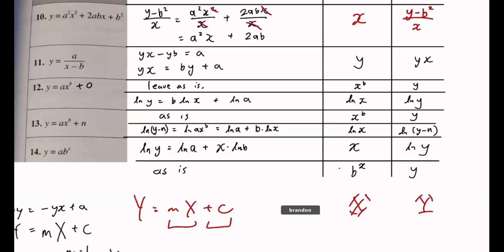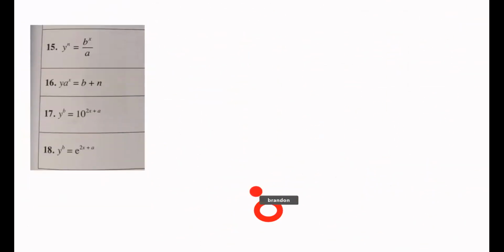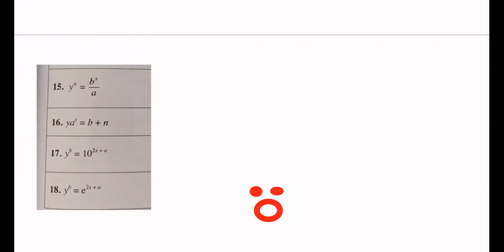All right. So now that you have learned how to linearize a function, convert it into a linear form, we still have 3 more. Okay, let's just finish up this example. For number 15, how would it work? You just take LG on both sides.